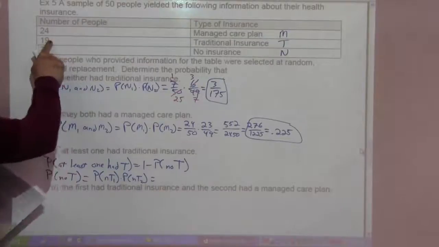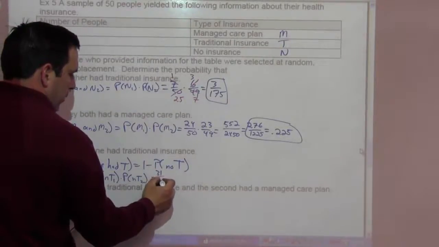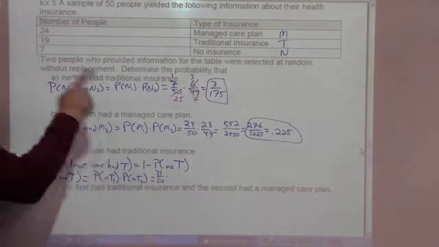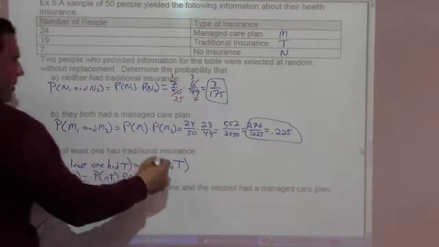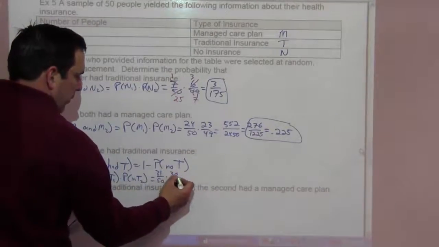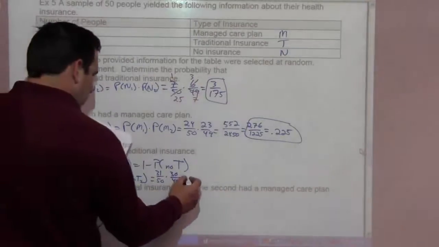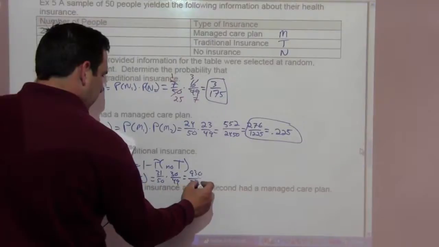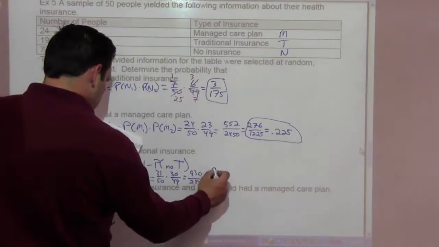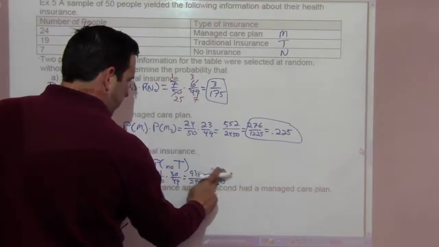Okay, so if 19 are traditional, that means there are 31 non-traditional. And if the first one is gone now, that means there's one less non-traditional. That means 30 are left out of 49. That gives us 930 over 2450, which is 93 over 245.